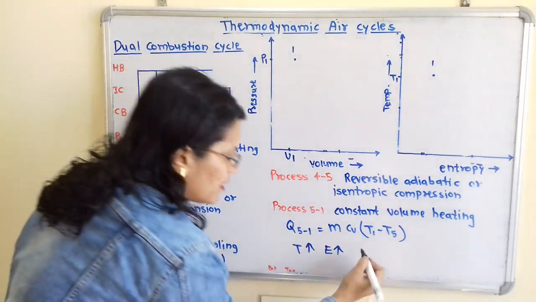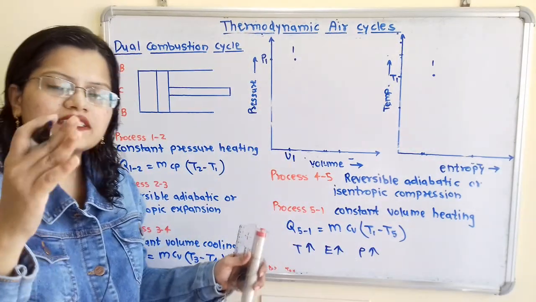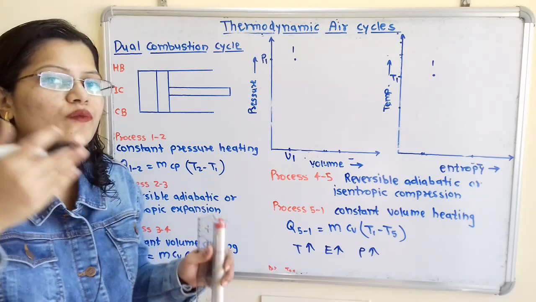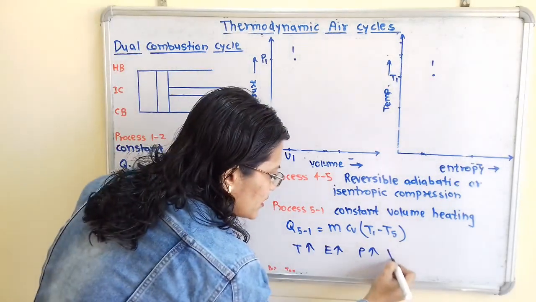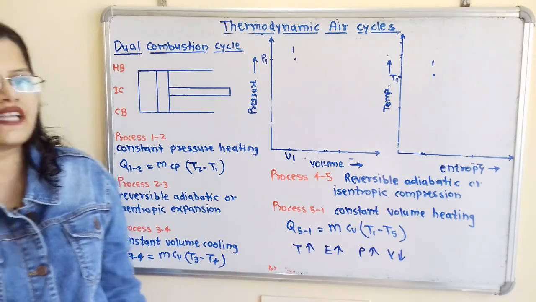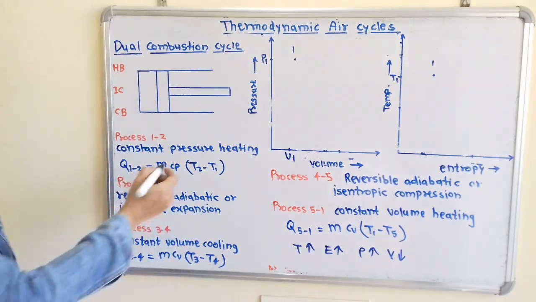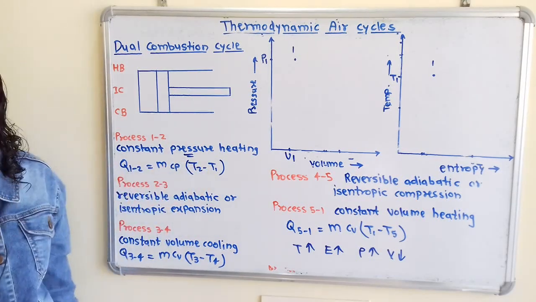So I will show here pressure is also getting increased, and as the pressure is getting increased, that means volume is getting decreased. This is the common relation every time we will apply for the processes. But for this process, pressure remains constant.